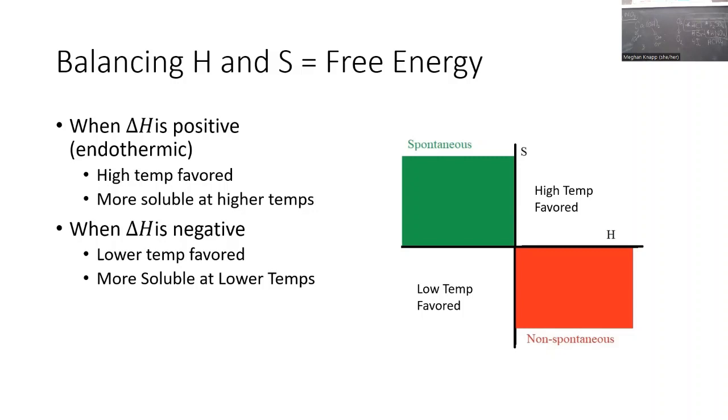So what that means is that I am going to be in this range for a gas up here. So when I dissolve it, I'm confining that gas to a smaller space. It has less freedom of motion. What is delta S going to be for that gas?